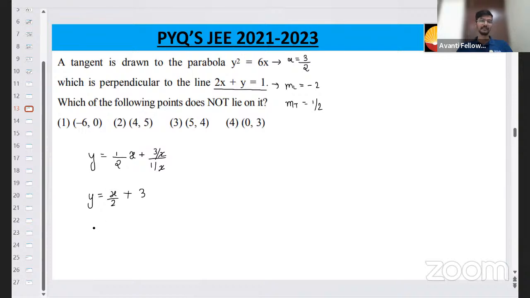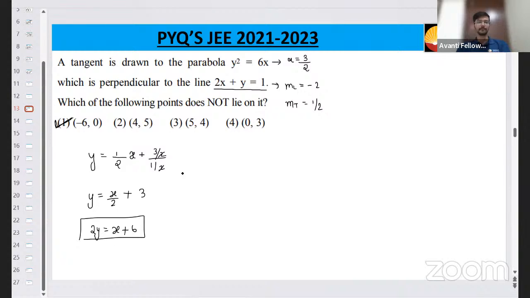Or if we take LCM, you will see 2y equals x plus 6. So just check which of the points satisfies this equation. So if we check minus 6 comma 0, yes, it satisfies. So our answer is option A. If we put minus 6 comma 0, it satisfies the equation. All of the other points do not satisfy.